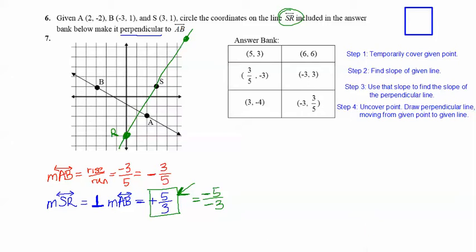Now that we have the perpendicular line, we're not really done. We still need to find which points in this answer bank fall somewhere along this green line. So start finding the positions of each point to see which one works, which one doesn't. So (5, 3) would be going 5 to the right and then 3 up. That point sits right here.